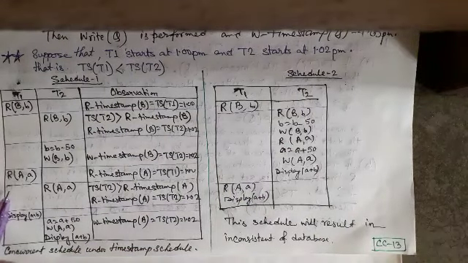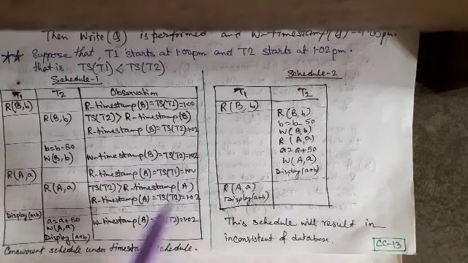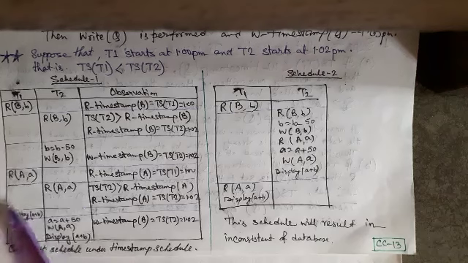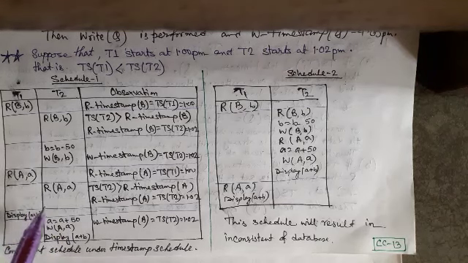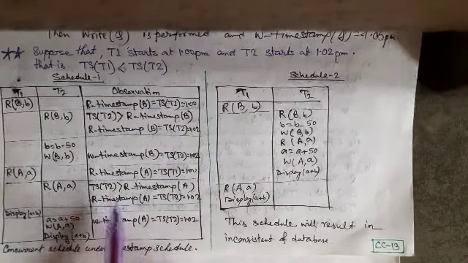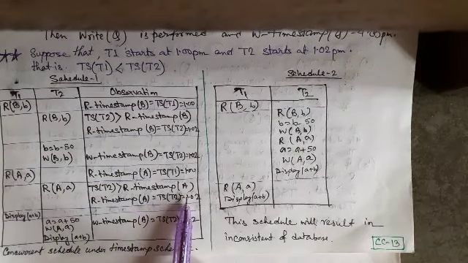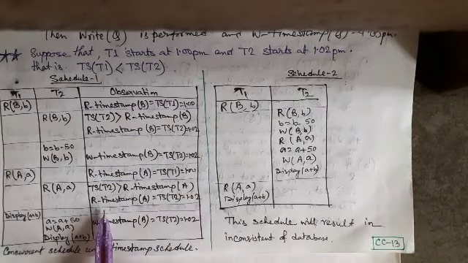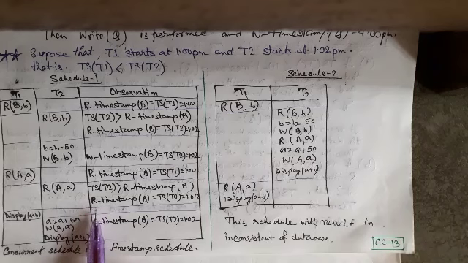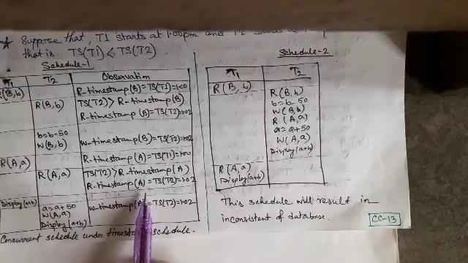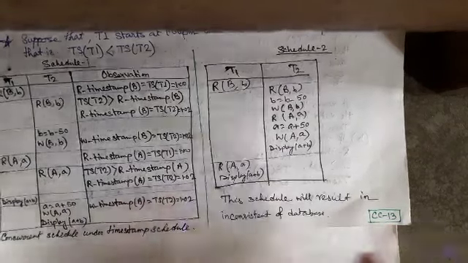Now for T1, the read timestamp of A will be the timestamp of T1, that is 1 pm. Now for T2 reading A, the timestamp of T2 is greater than the read timestamp of A, 1 pm, so it will be granted and the read timestamp of A will change to 1.02.